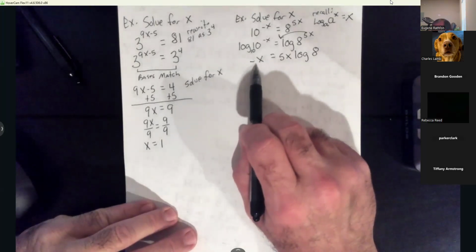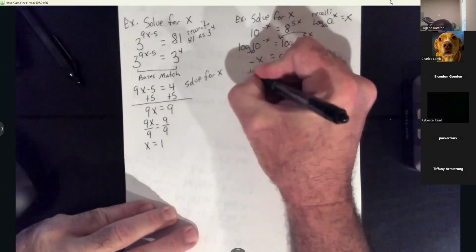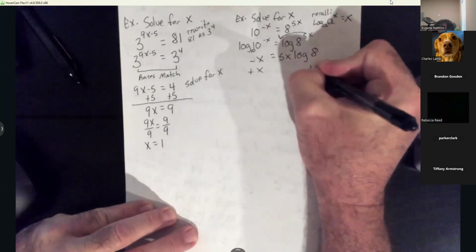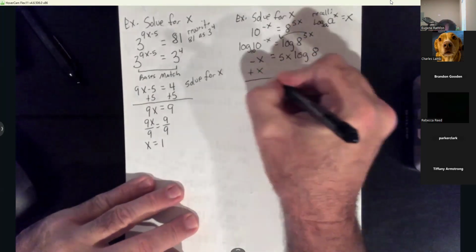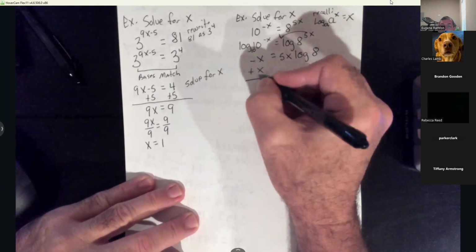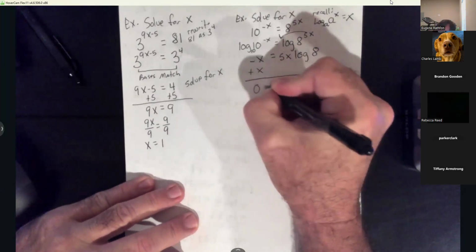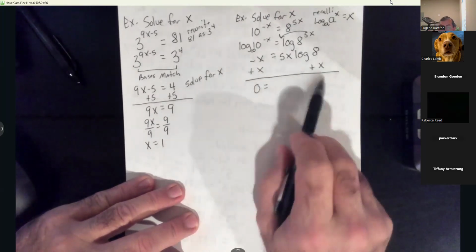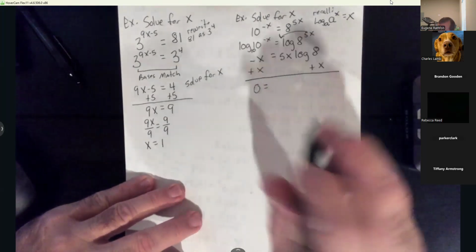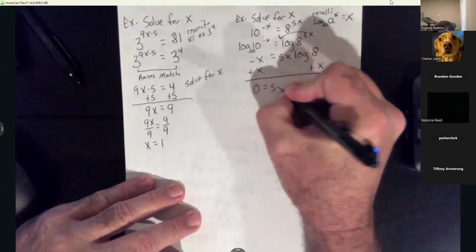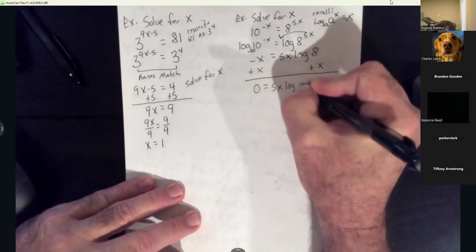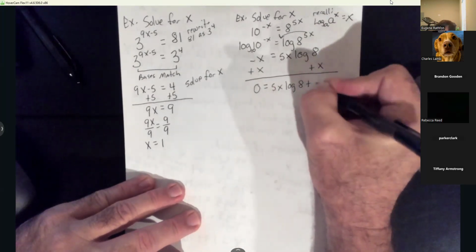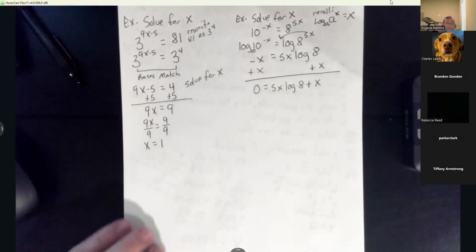So since this one's negative, I'm actually going to add x to both sides. So negative x and x over here give me a 0. I do not have any like terms, so I'm just going to write 5x times log 8 plus x.